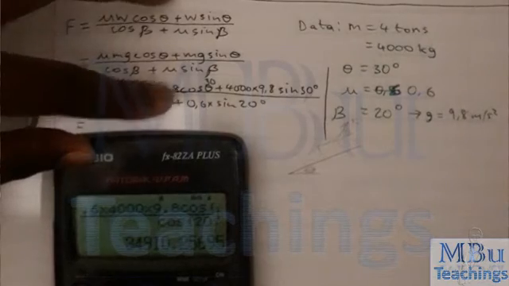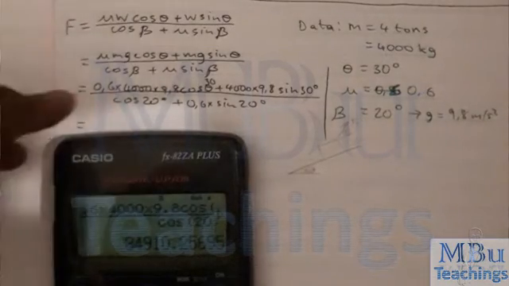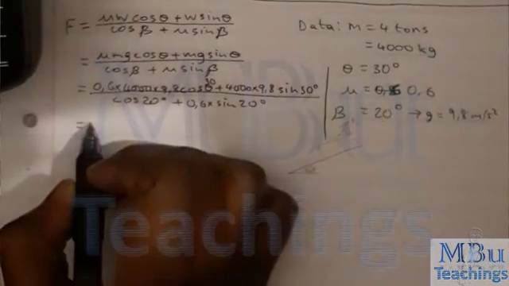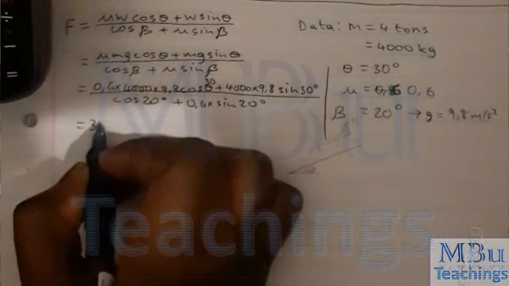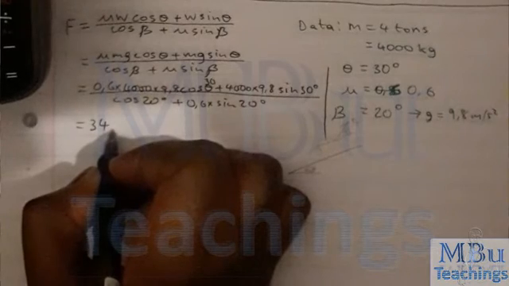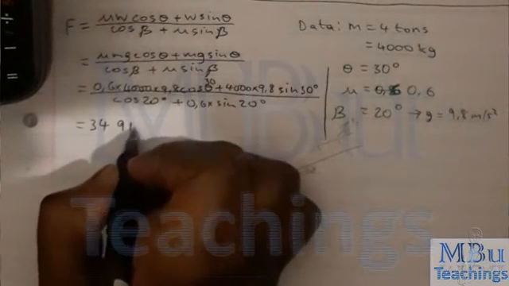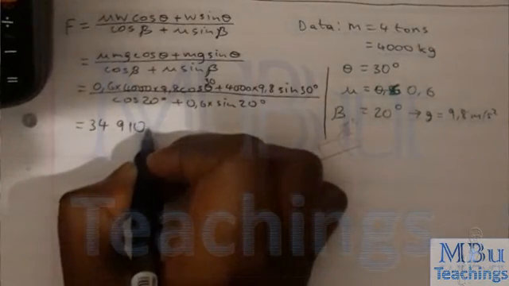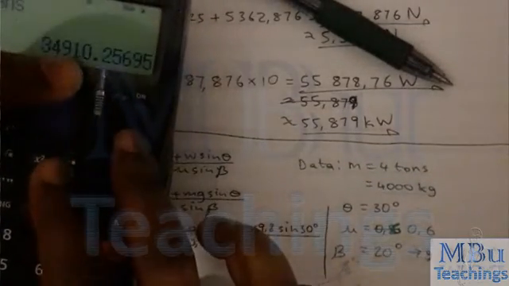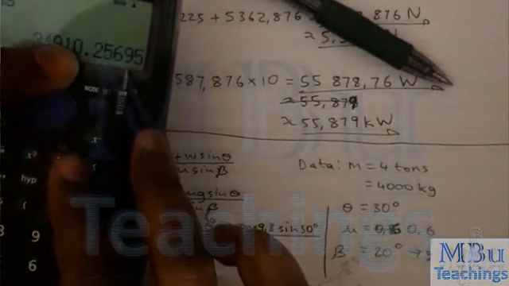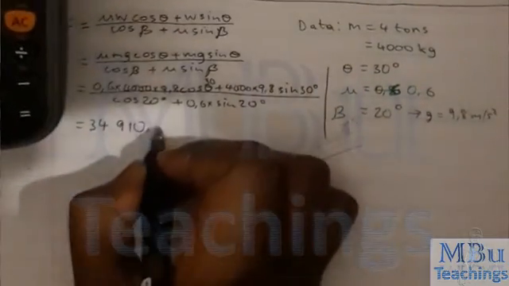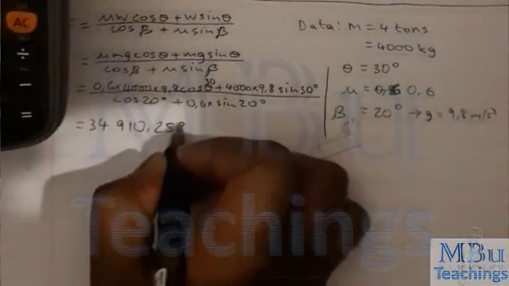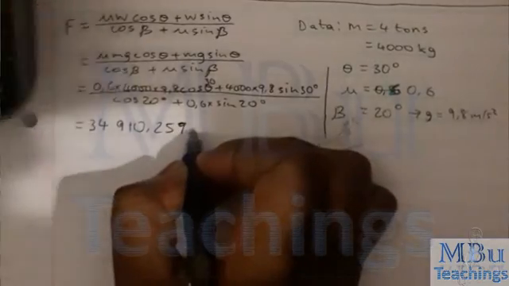Then you press the equal sign. So we have 34,910.256, but 9 is bigger than 5, so we round it up to 257.